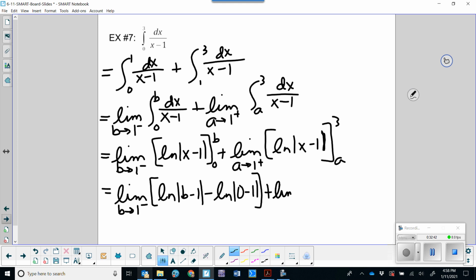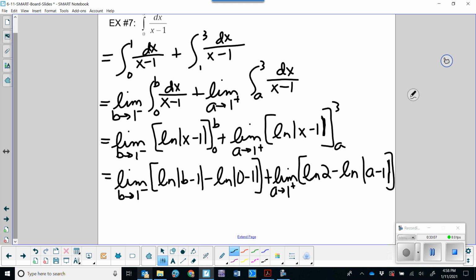Plus the limit as a approaches 1 from the right of ln of 3 minus 1, which is 2, minus ln of absolute value of a minus 1. Okay, so now we're going to approach from the right.